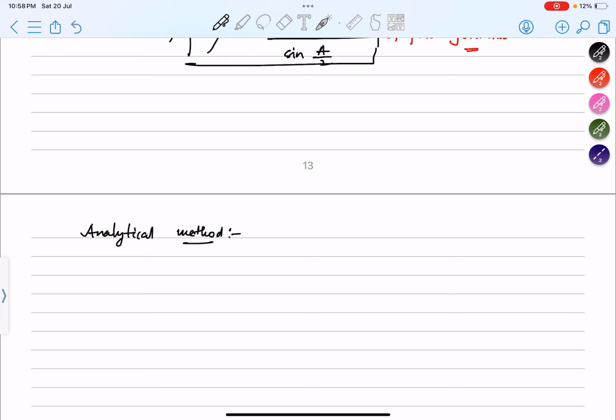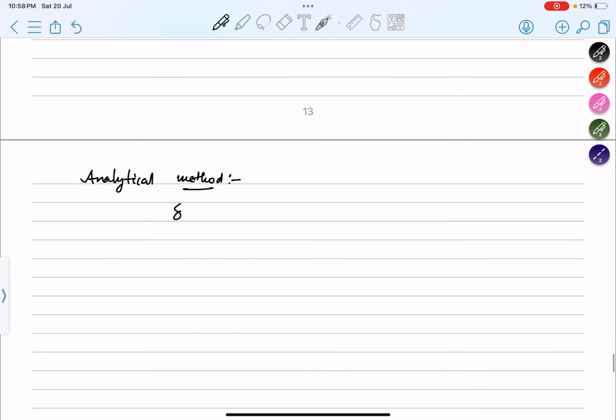So what does it say? It says that we know delta equals I1 plus I2 minus A. So can I write here that delta equals (root I1) squared plus (root I2) squared minus A?